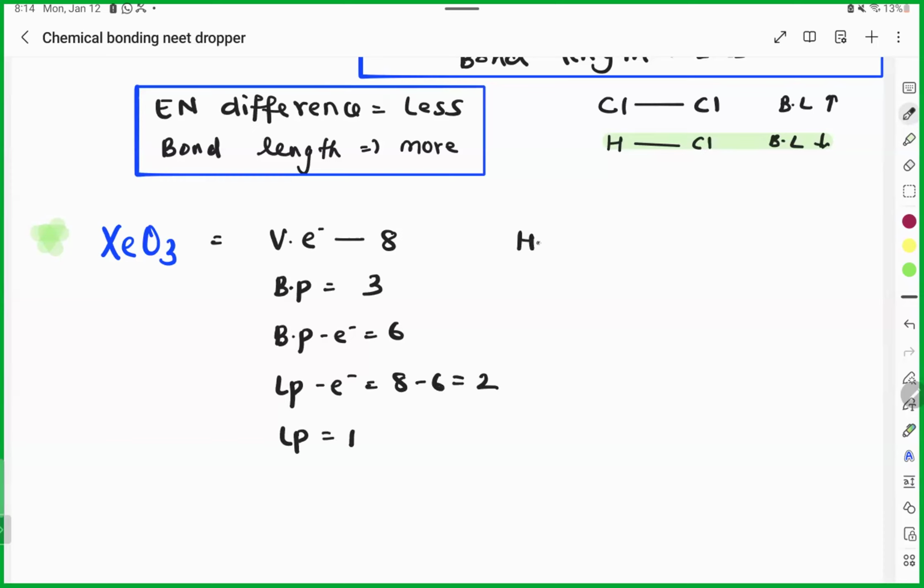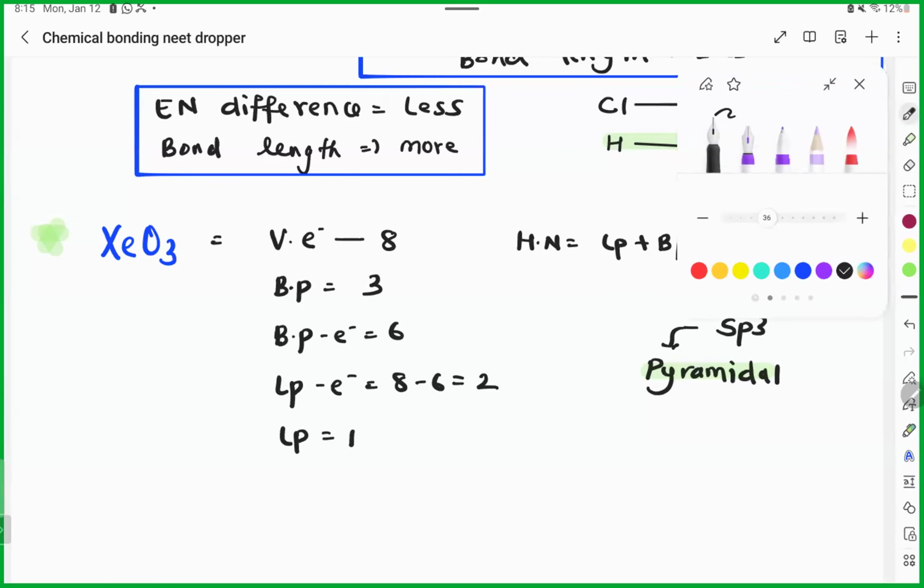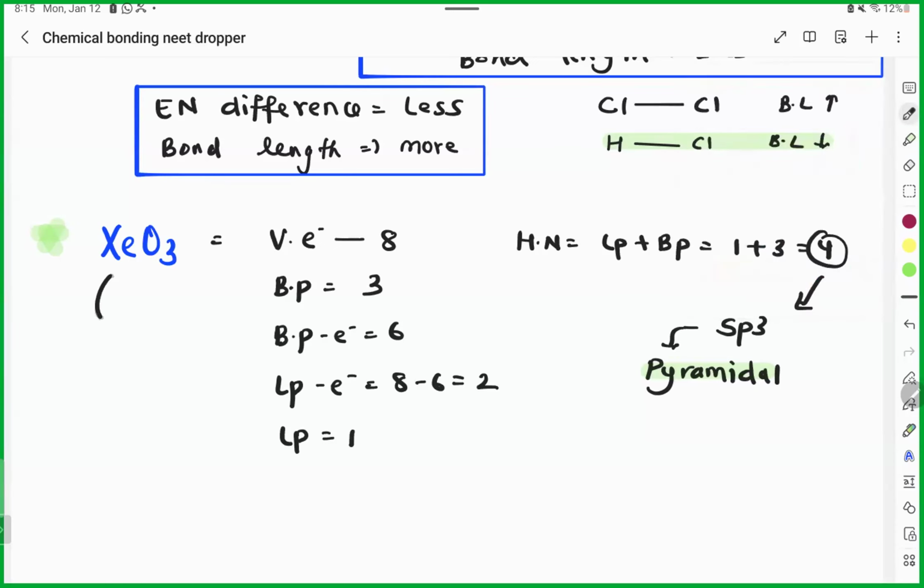Your hybridization number is lone pair plus bond pair. This is 1, bond pair 3, total 4. What will be the hybridization, Chandana? sp3. What will be the shape? Pyramidal. Yes, sir. Like ammonia. Okay. So you can write here, like ammonia.